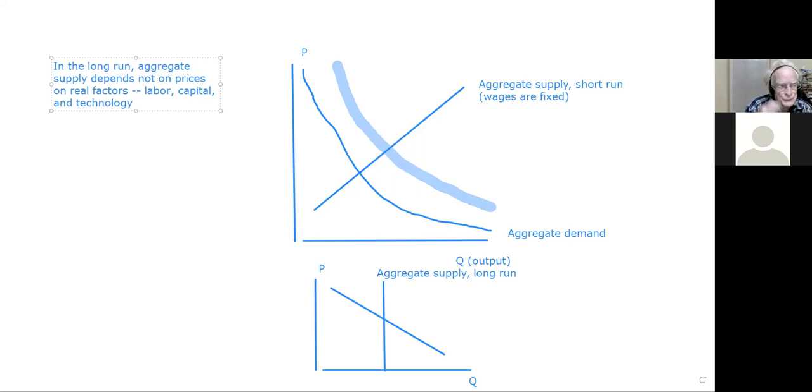The technology is just the information that we have for production. In the long run, prices like wages will adjust in such a way that all workers who want jobs will be able to find them at the given wage.